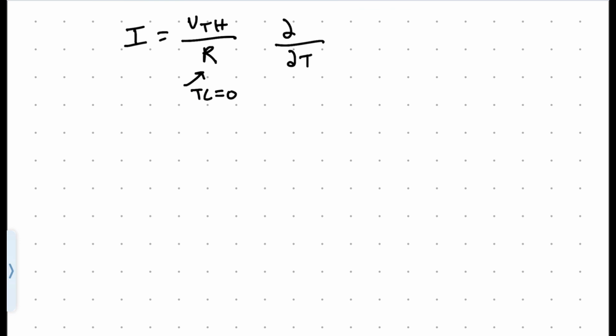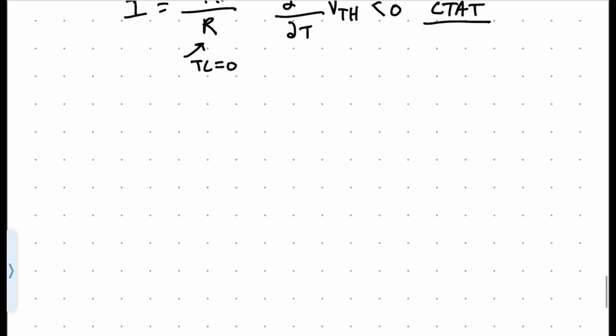The partial derivative of threshold with respect to temperature is going to be less than 0, and what this tells us is that it is complementary to absolute temperature, or CTAT. And all that's saying is that as your temperature is increasing, your threshold voltage is decreasing. And as a result, that means your current will be decreasing.